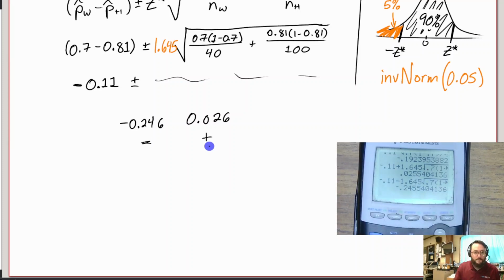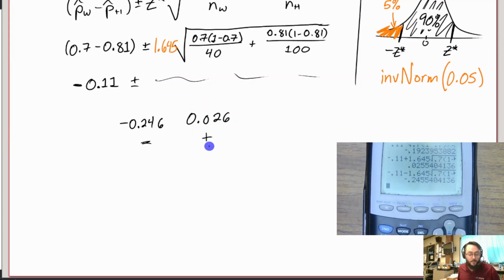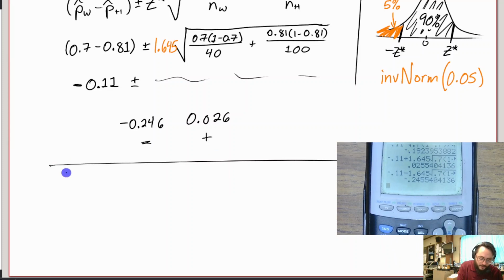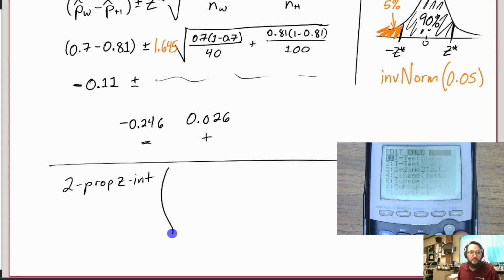Now, there is one other thing we could do instead. Instead of going through that entire calculation, we could use the two proportion z interval. Okay, stat tests, and we scroll down to 2-PropZInt.